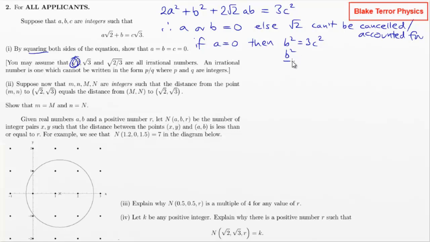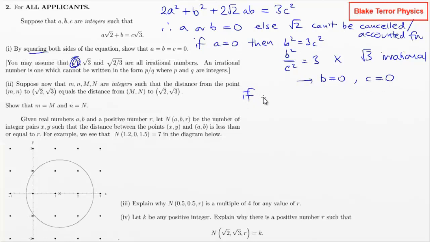So b squared over c squared equals 3, which can't be the case because root 3 is irrational. So that's not possible. So that would mean that we'd have to have b equals 0 and c equals 0. Right, so that means they're all 0.